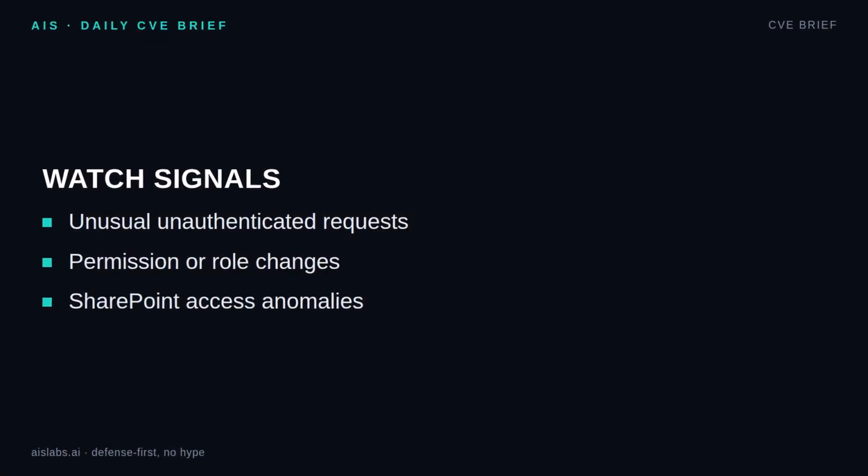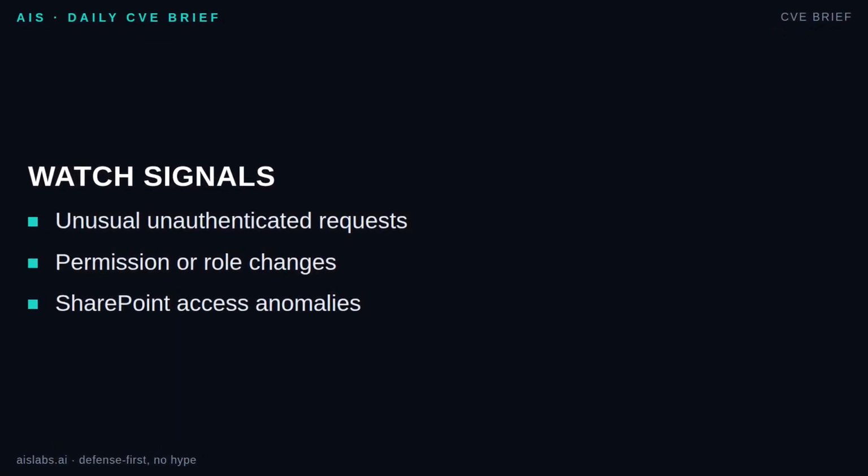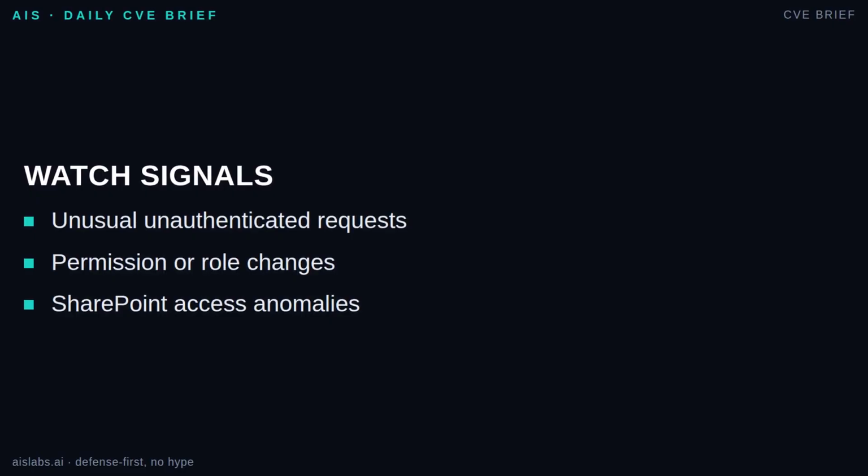For detection, focus on behavior that does not fit your normal SharePoint access patterns. Review web access logs, SharePoint logs, identity logs, and network telemetry for unusual unauthenticated requests reaching SharePoint, especially from unfamiliar sources or segments that normally should not interact with the service. Watch for permission changes, role changes, unexpected administrative actions, or new access patterns that occur without a clear business reason.